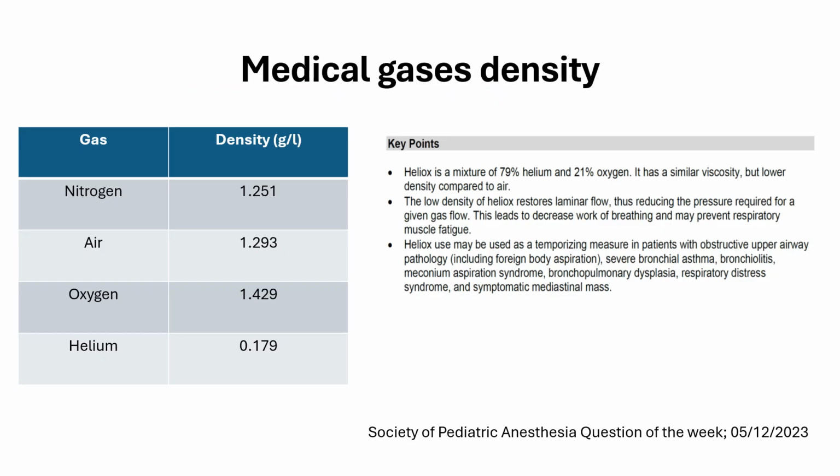So let's talk about medical gas density, since we had a patient earlier who benefited from the heliox. As you can see here on this slide, the density of helium is much lower than the density of nitrogen, air, and oxygen. Heliox is typically a mixture of 79% helium and 21% oxygen. It has similar viscosity but lower density compared to air and oxygen.